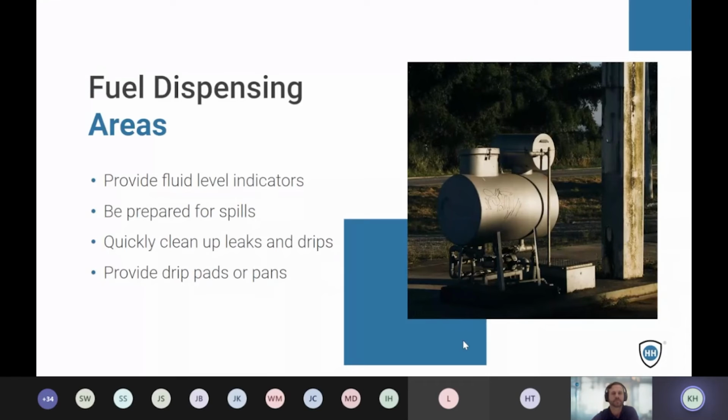This could also be an area where you dispense and transfer your hydraulic fluids. Maybe it's an area where you're collecting your waste oils for recycling. Whatever that is, anytime you're moving liquids from a container or a tank into a vehicle or equipment or into another container, that is one of the biggest potentials for spills, leaks, and drips to happen. So train your people on what they can do in those areas to clean up those leaks and spills quickly as they happen. Don't let them accumulate.